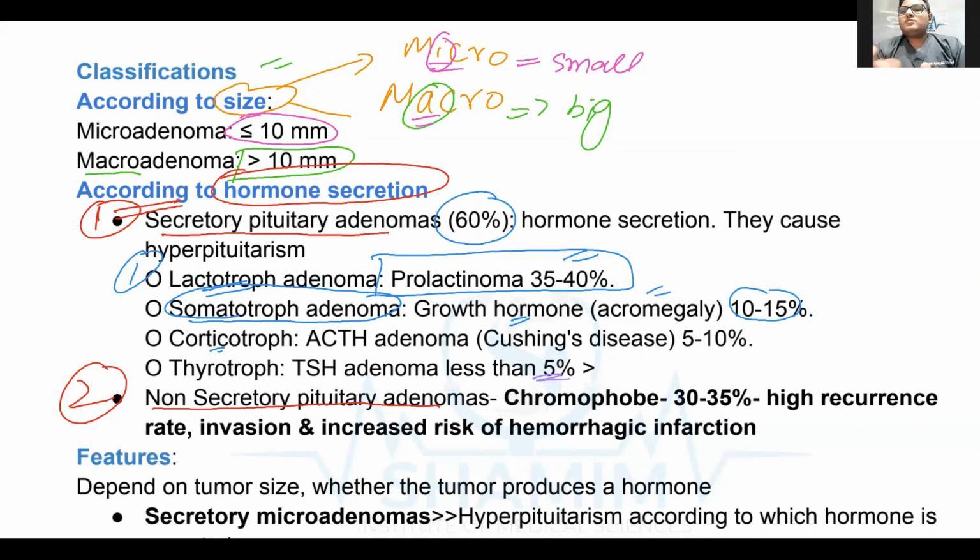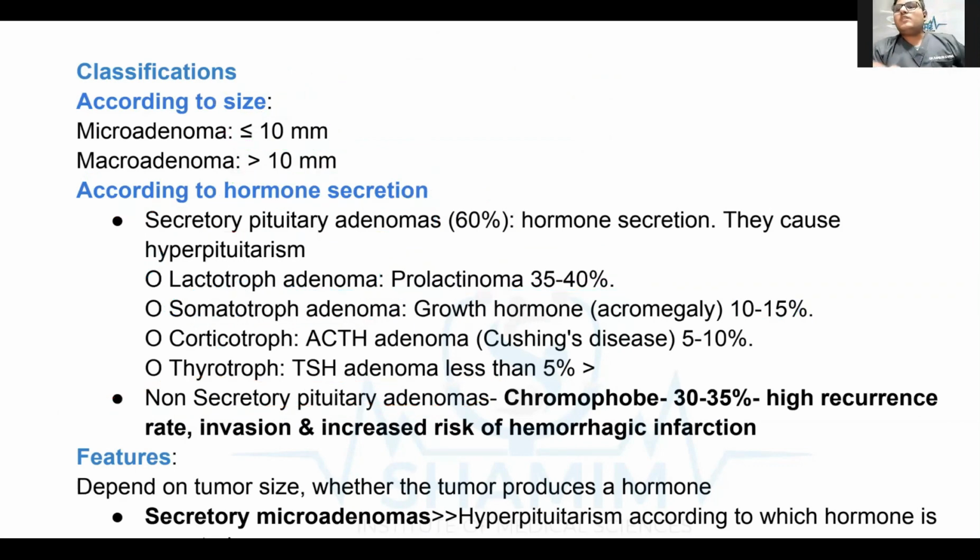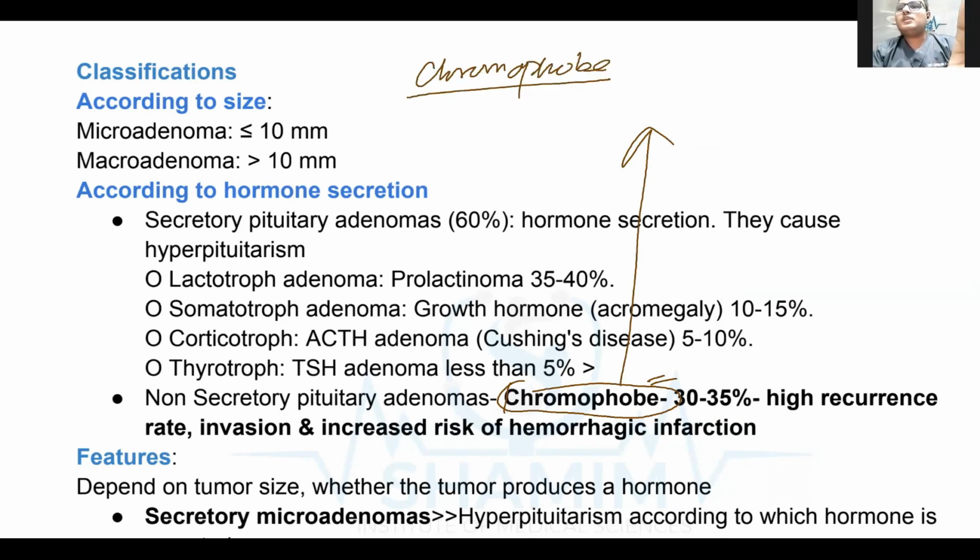Next, a very important point is non-secretory pituitary adenoma. Why is it very important? Because of the nature of chromophobe cells. These non-secretory adenomas originate from chromophobe cells. What is chromophobe? It is a term used for cells that are not acidophilic and not basophilic.